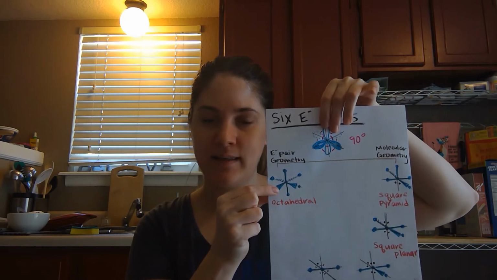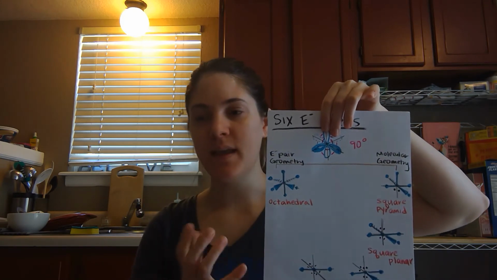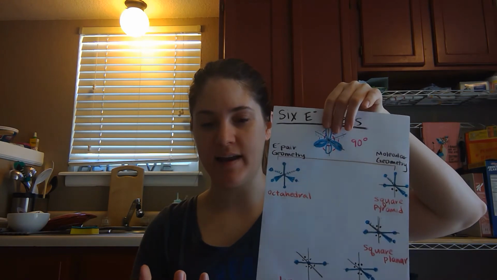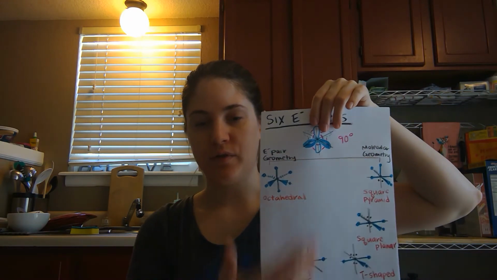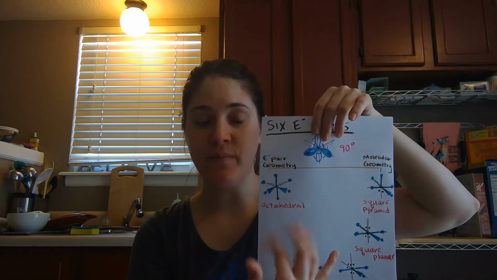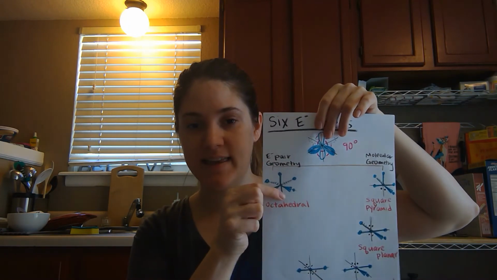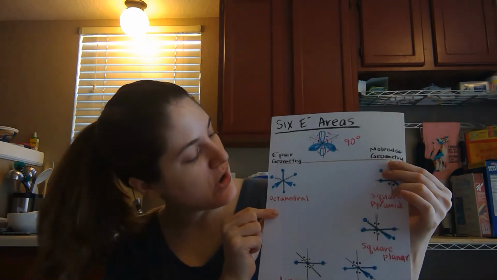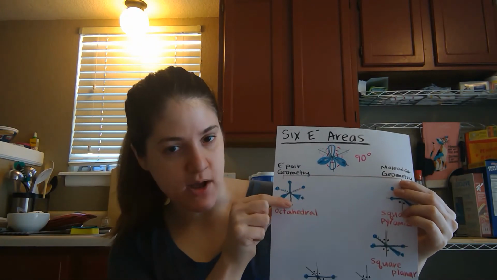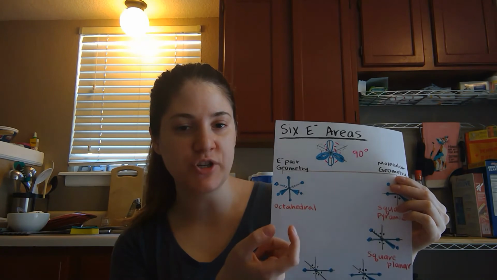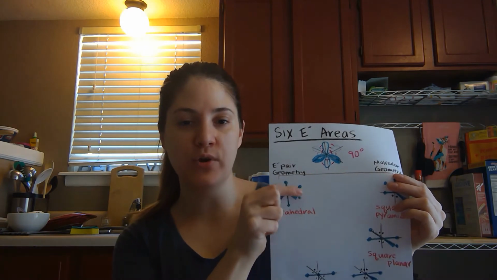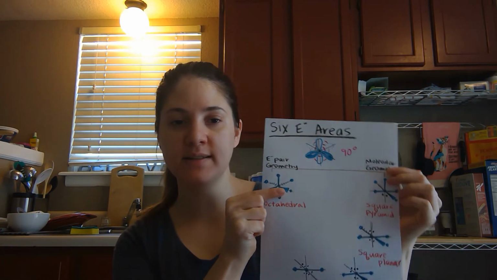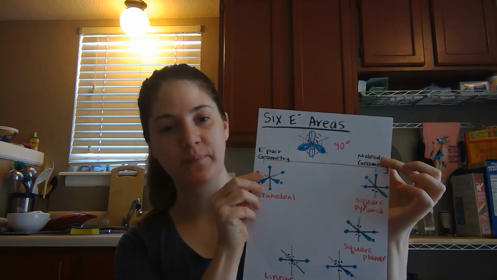So a line here and a line here. It looks kind of like the coordinate system from math. It's just like that. So this is called an octahedral. So that octahedral with the 6 bonds would be the electron pair geometry, or if all of those electron-rich areas are bonds, also the molecular geometry.